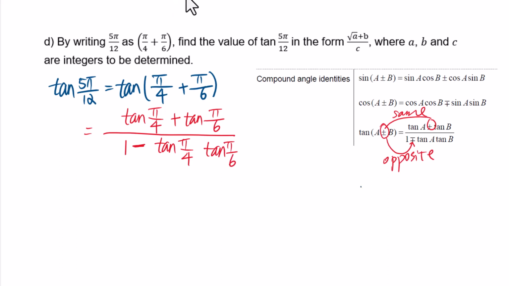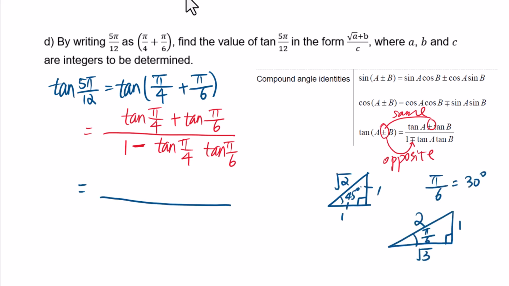Since pi over 4 and pi over 6 are acute angles, let's draw this special right triangle. Tangent pi over 4 is 1.